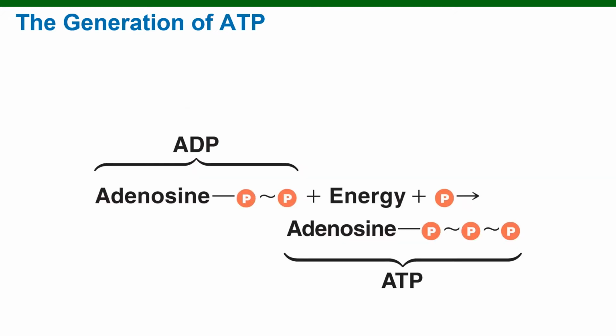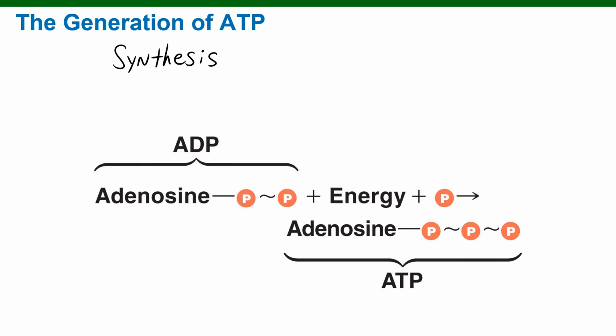The generation of ATP in a cell is most often produced by redox reactions. A series of redox reactions in the electron transport chain, as we'll see in some later slides, will bring about the synthesis of ATP.